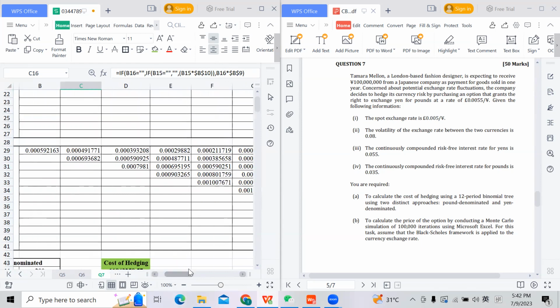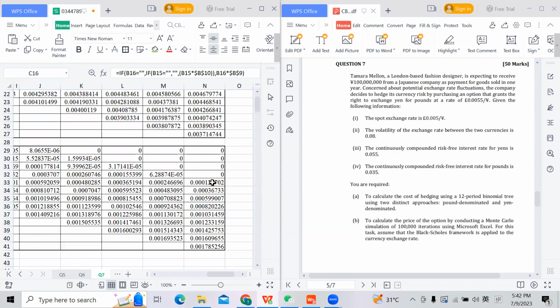After that, we will get the put price, where K should be bigger than ST. If K is bigger than ST, K minus ST, otherwise the value will be 0.